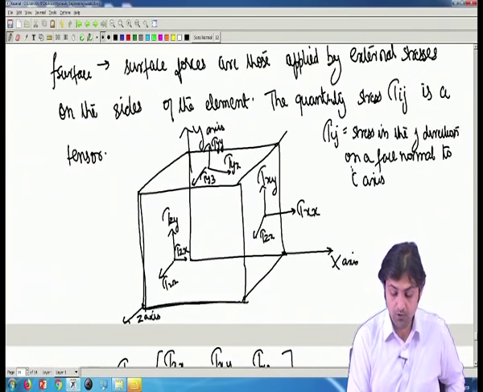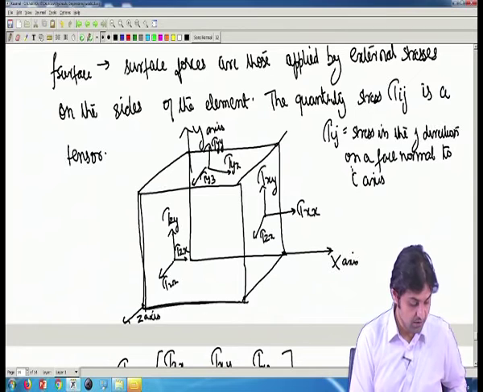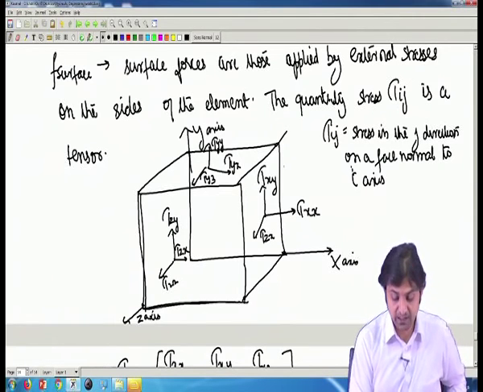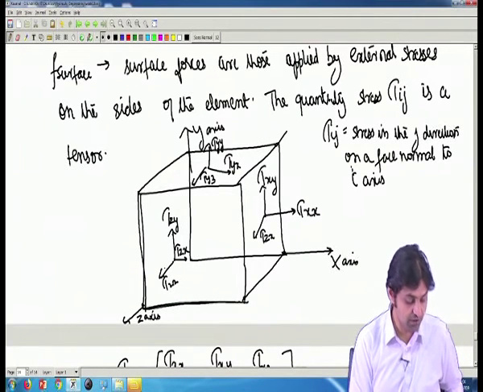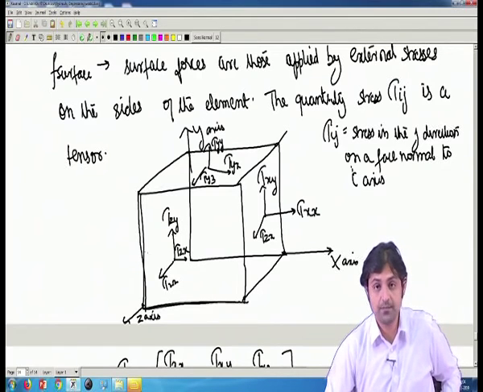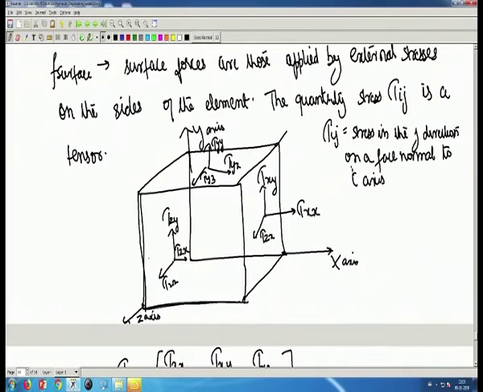So if you see tau xx is acting in the x direction, also tau yx is acting in the x direction and tau zx is also acting in this direction, multiplied by the corresponding areas. So tau xx acts on area dy dz, tau yx acts on area dx dz, and tau zx is acting on the area of dx dy.